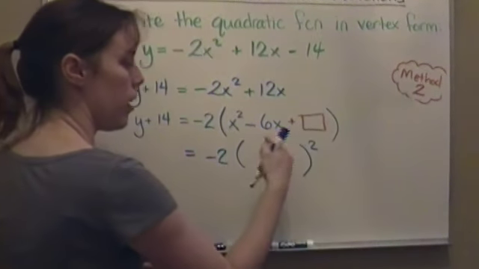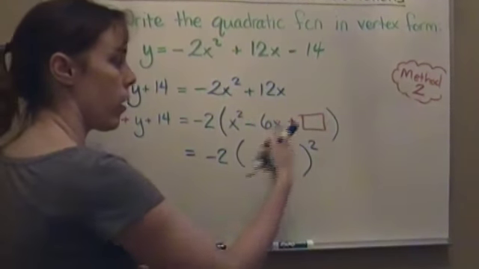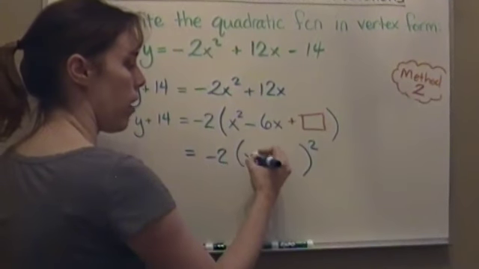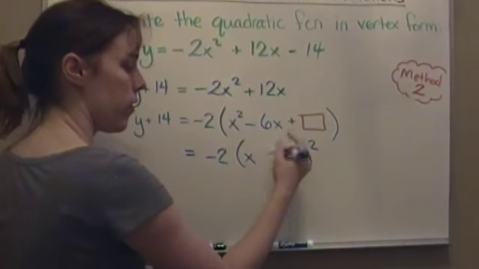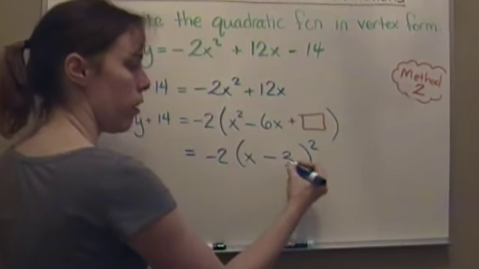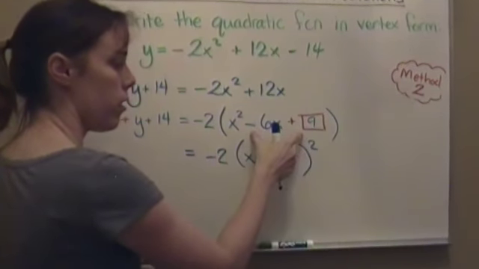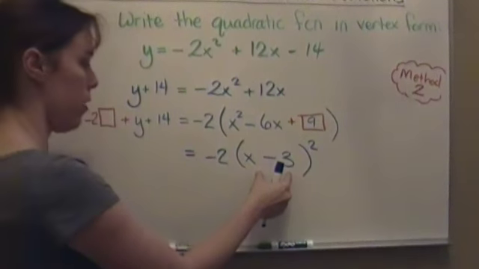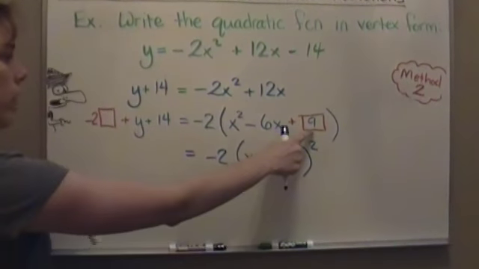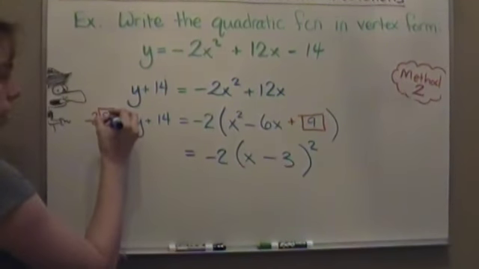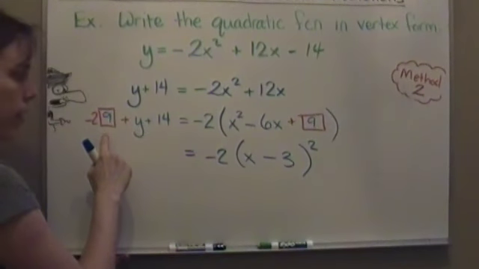We're going to cut the b value in half and then square. So half of negative 6 is negative 3. Negative 3 squared is 9. If you factor this, you get that. Okay. And over here, because I put 9 there, I'm putting 9 into this box on the left-hand side.